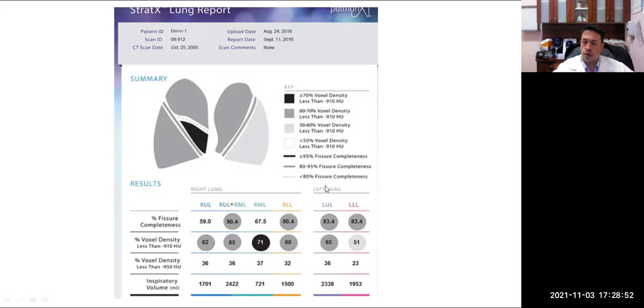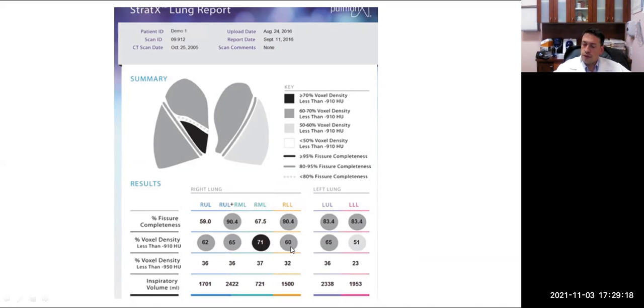The destruction or the emphysema scoring is done by looking at Hounsfield units, and the computer says that any voxel that is less than negative 910 Hounsfield units will be counted. So negative 910, negative 920, 930, all the way to negative 1000, right? And then you see how many of those voxels you have.